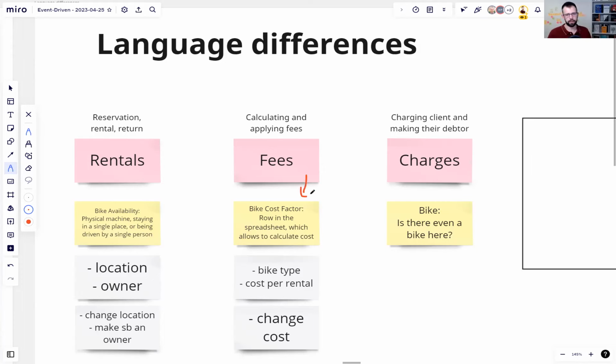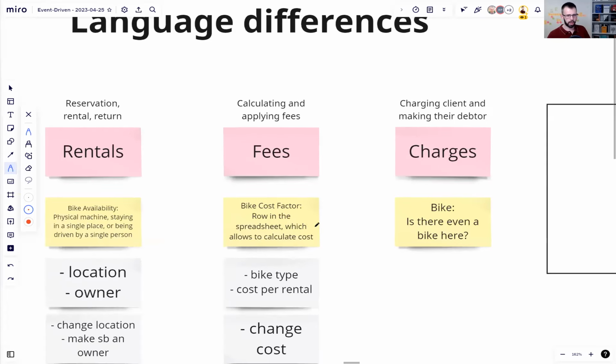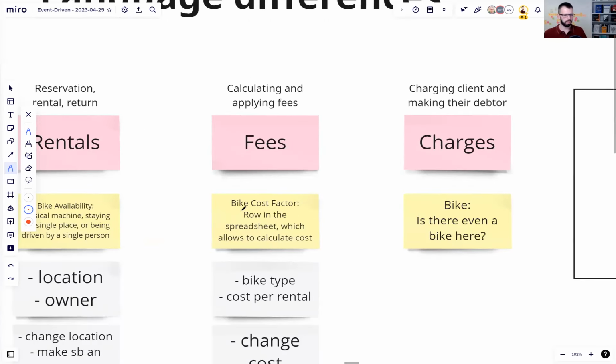But in the fees module, we will not focus on the physicality of the bike. We will focus more on the cost of the bike, about renting this particular bike or cancelling its reservation. We could come up with a definition like bike cost factor, strictly connected to a row in a spreadsheet or some kind of accountant that allows allocating the cost of renting or reserving a particular bike.